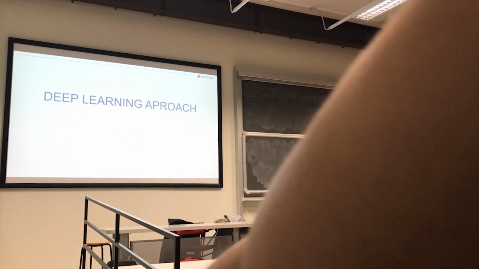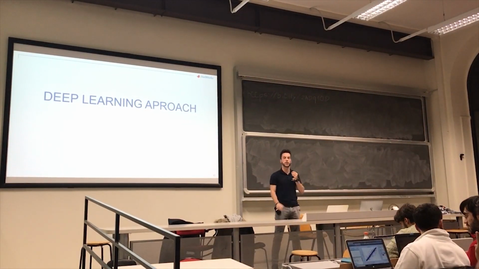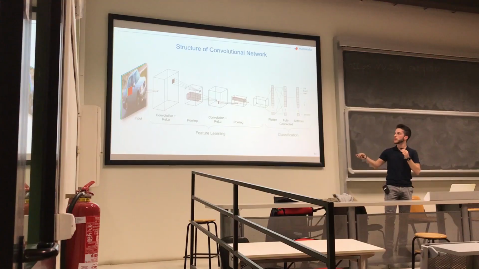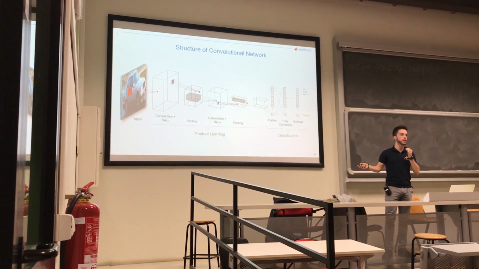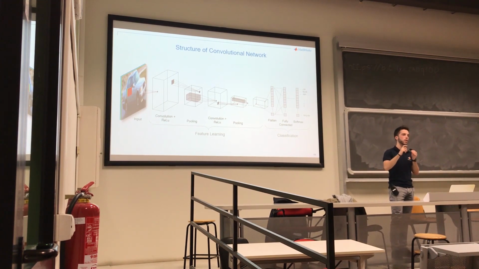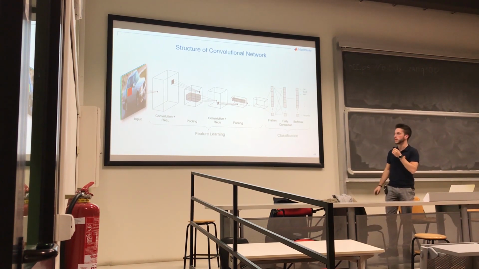Now we can show. We have to see how the deep learning approach is computed. As Alberto explained to you before, deep learning. In this step, our deep learning net will understand how to recognize a wheel from our complete image.